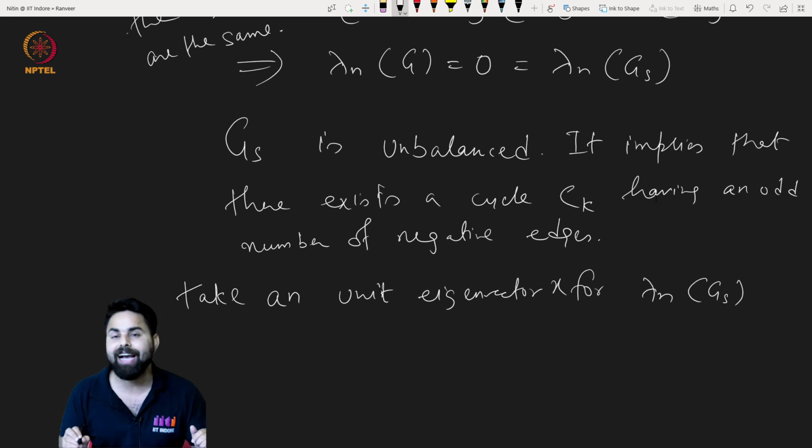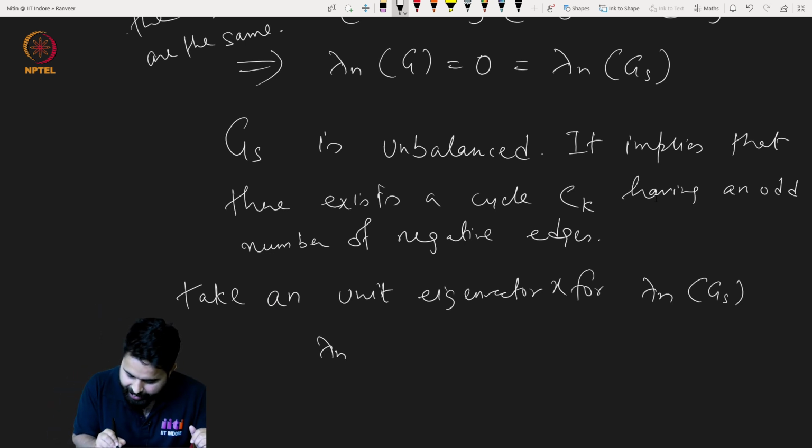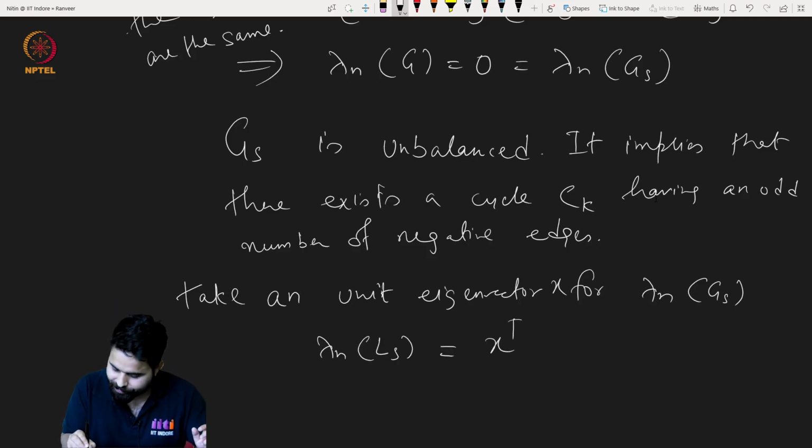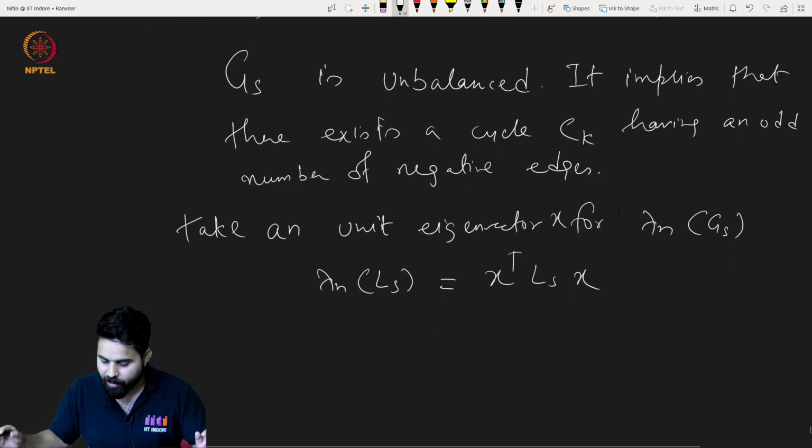I'm going to suppose this is called x. Now what will be this quantity? Lambda n of LS will be nothing but x transpose LS x, right?